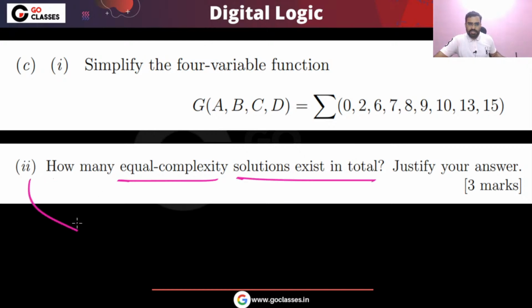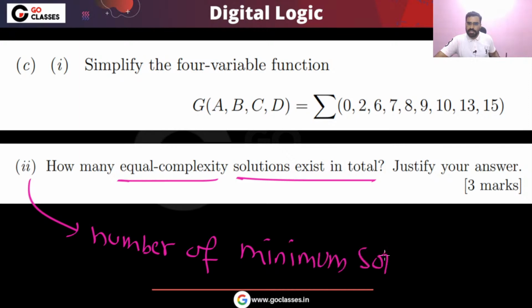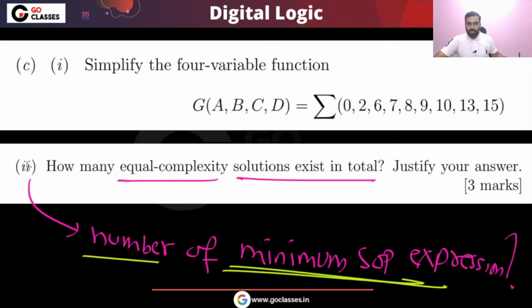Basically, the second question is asking what is the number of minimum SOP expressions. How many minimum SOP expressions are there?